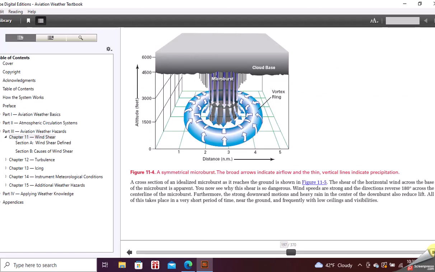There are microbursts, and we talk about the little cylinder around them with a vortex ring. Well, guess what? There are vortex rings all the time out there in what you're flying through. Have you ever flown across the Midwest and seen a line of clouds, nothing, another line of clouds, nothing? These are not tall clouds. They may only be 15,000 feet in height, maybe not even that.